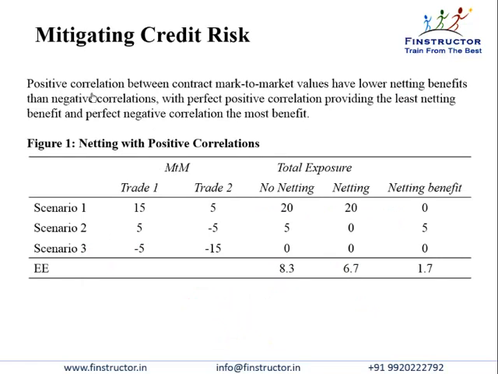Now, positive correlation between mark-to-market values will have lower netting benefits as compared to negative correlations. That is, perfect positive correlation provides the least netting benefit, and perfect negative correlation provides the most benefit. We'll understand this with an example.